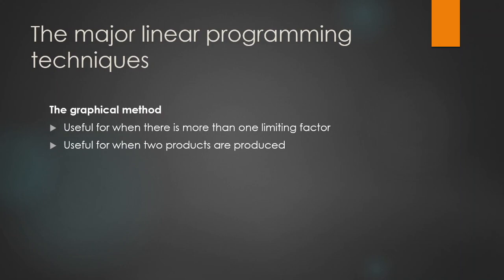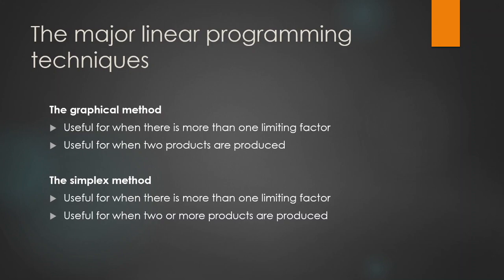However, it can only be used when we have two products, as we only have two axes on our graph. If we are producing more than two products, we need to use the simplex method. The simplex method is a lot more complex and uses matrices to arrive at the final solution. We will work through each of these techniques in detail in separate videos in this series.